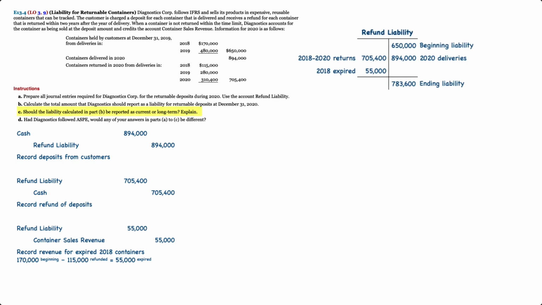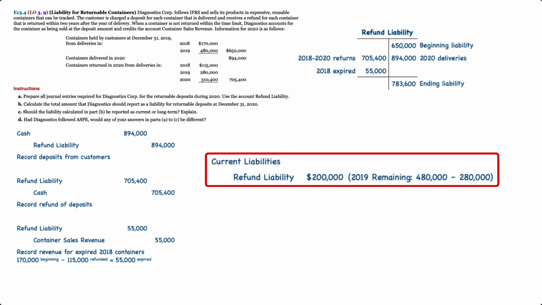Requirement C asks us to determine how the liability should be reported, i.e., current or long-term. Well, if we assume an operating cycle of 1 year, which is common for most businesses, then the refund liability would be split into two components. The current liability would be comprised of the remaining 2019 deposits that have yet to be returned or expired, made up of the $480,000 beginning balance from 2019 minus the returned containers of $280,000, resulting in $200,000.